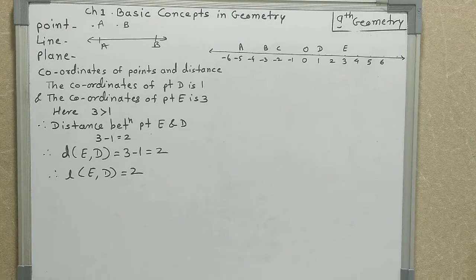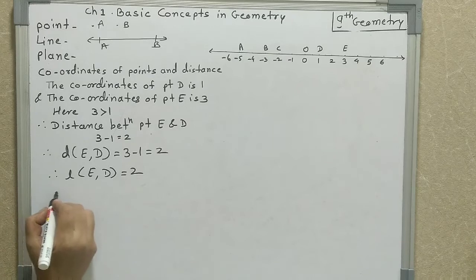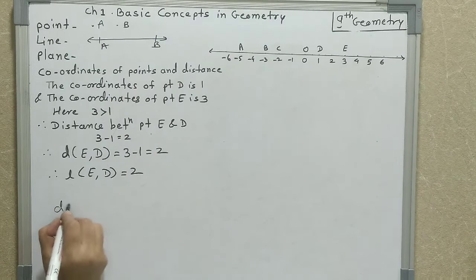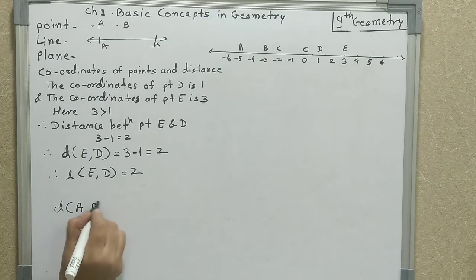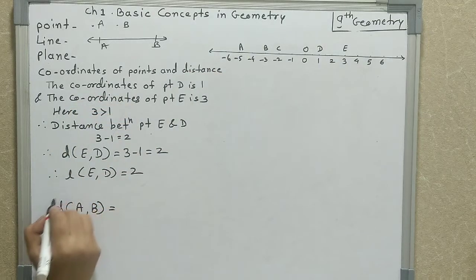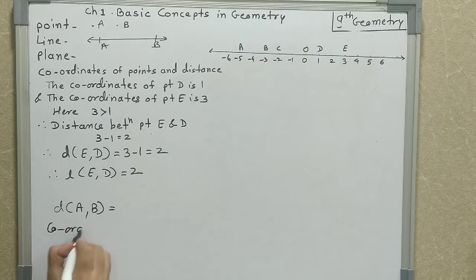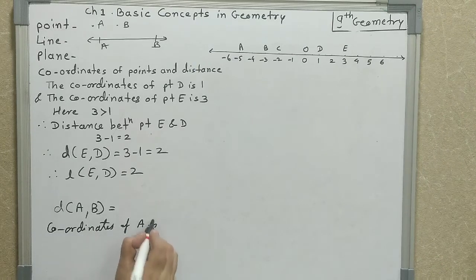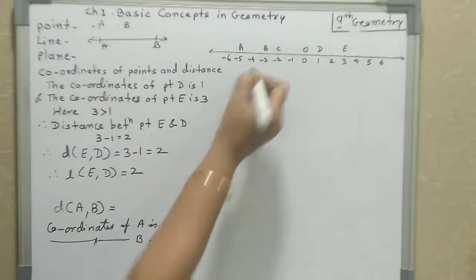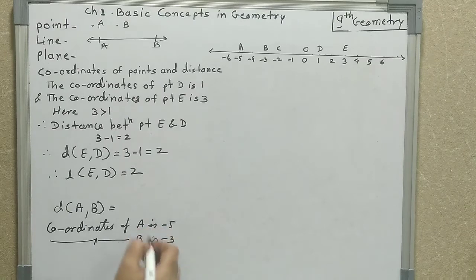Now we see another example, the distance between A and B. Here we write d(A, B). The coordinate of A is -5 and the coordinate of B is -3. Which one is greater of these two numbers? -3 is greater than -5.